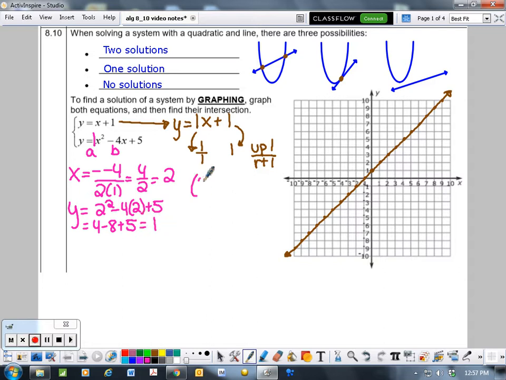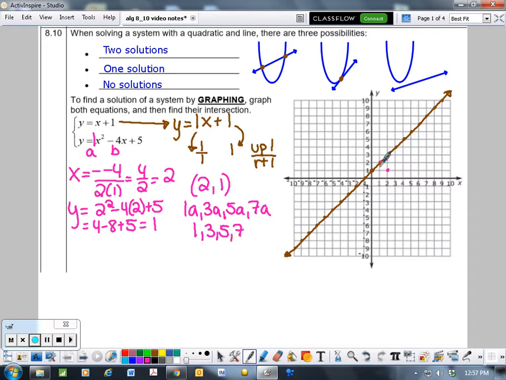So I have a vertex of 2, 1. And then I'm going to have a pattern of change of 1a, 3a, 5a, 7a.